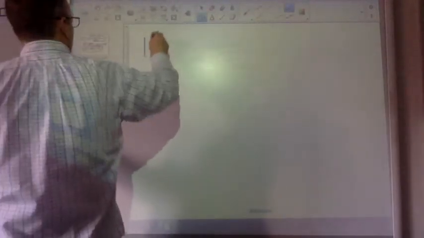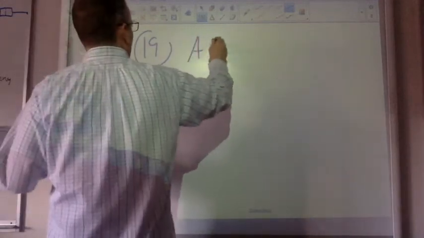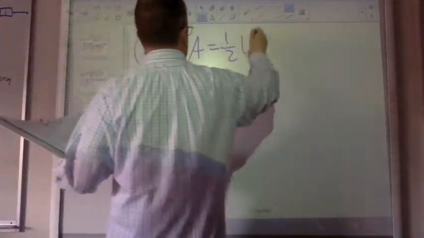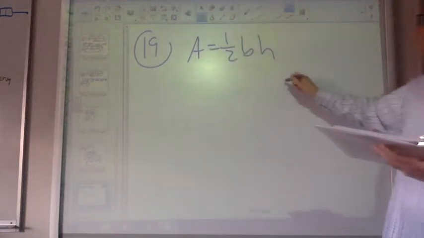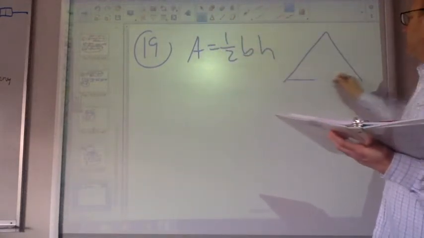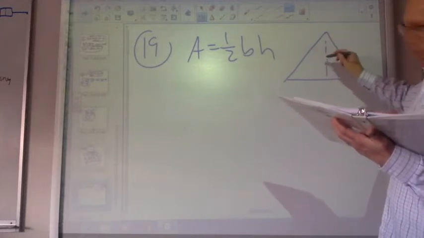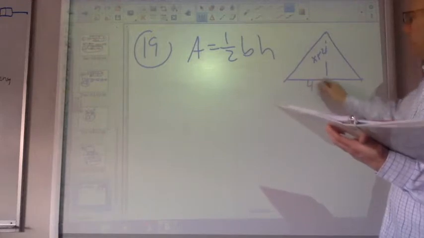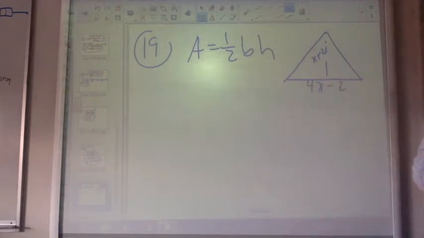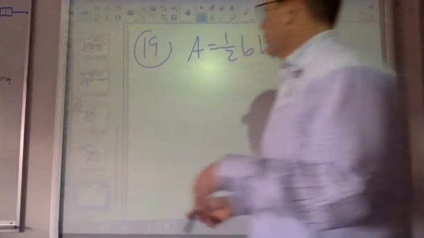Number 19, we have area of a triangle. Area of a triangle is 1/2 base times height. So base and height have to be perpendicular to each other, which they have them listed, it looks like. They have this. That's x plus 2, they said. And they said that is 4x minus 2. So that 1/2 kind of comes along for the ride.